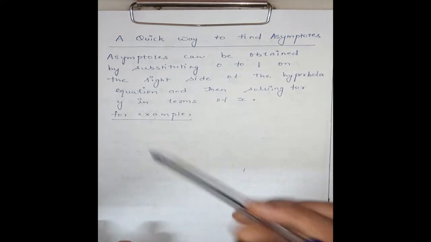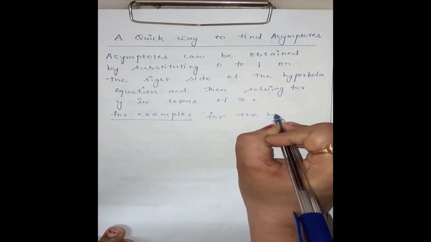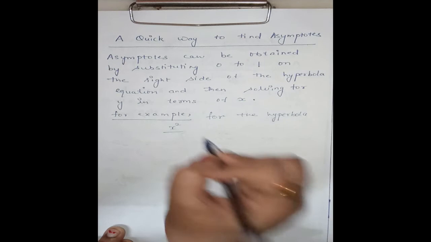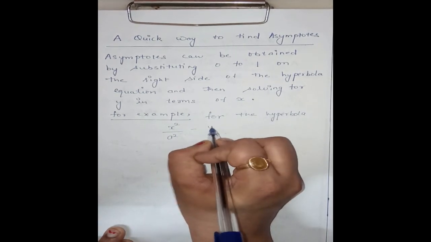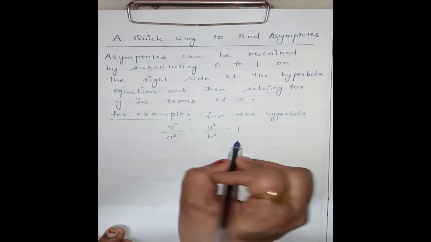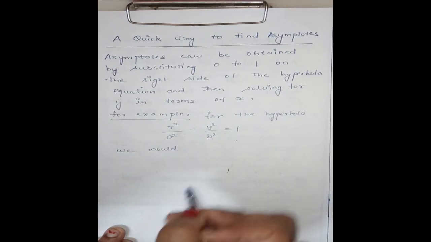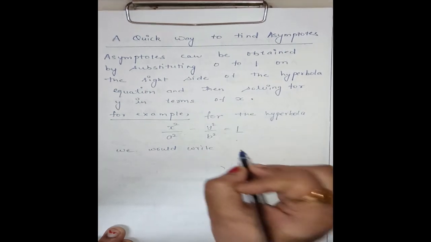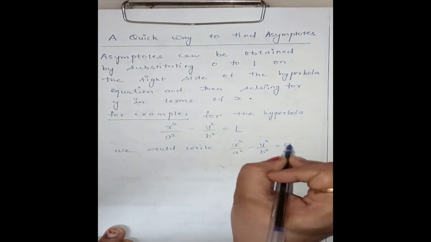Solving for y in terms of x will give the equations of the asymptotes. For example, if we take the hyperbola where the focal axis is along the x-axis, the equation is x square by a square minus y square by b square is equal to 1. Okay, now this is the equation. Now, in order to find the equations of the asymptotes, we would write 0 here instead of 1. x square by a square minus y square by b square is equal to 0.